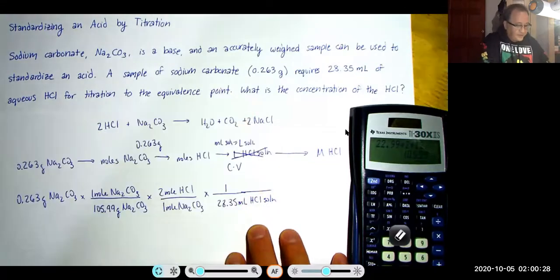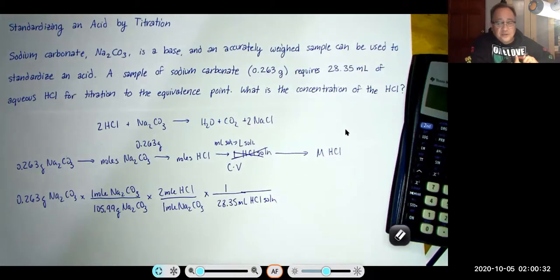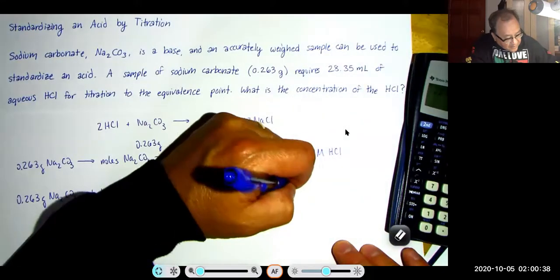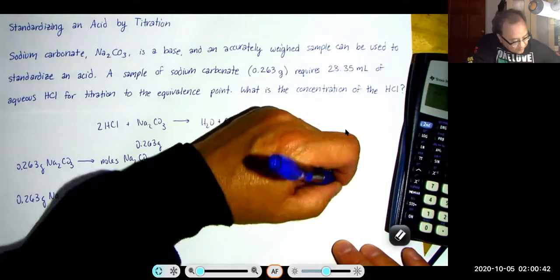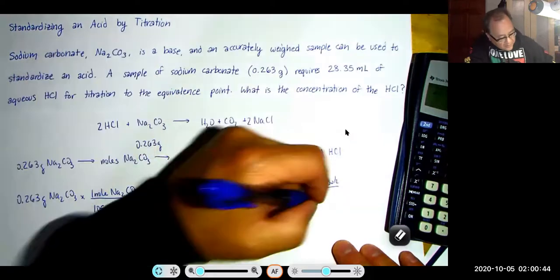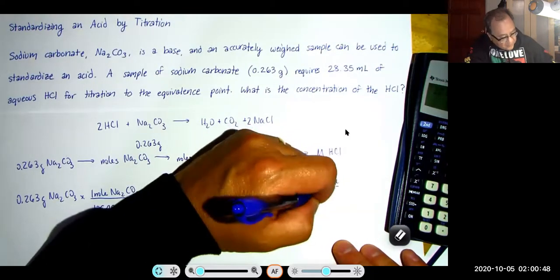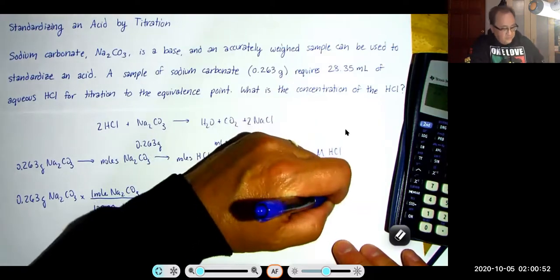Okay, now that seems a little awkward, but it's really fine. We're just introducing a new unit to this, and we don't want milliliters, so I'm going to write 1,000 milliliters of HCl solution over 1 liter of HCl. Oops, I don't like that little tail there. So we get that.